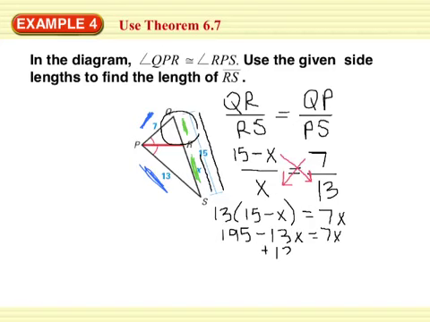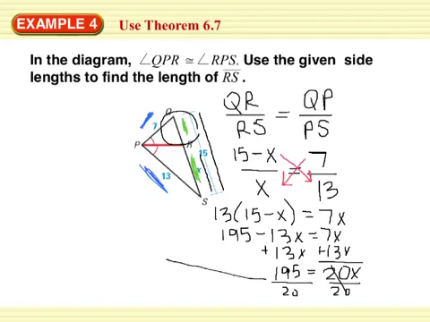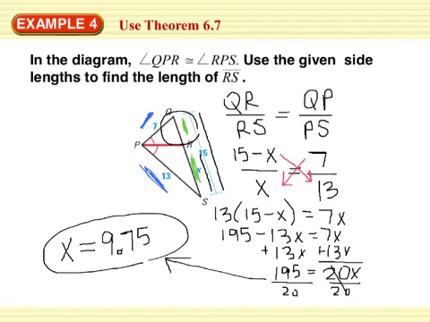Add 13X to both sides. Gives us 20X equals 195. Divide both sides by 20. X equals 9.75. Nice work.